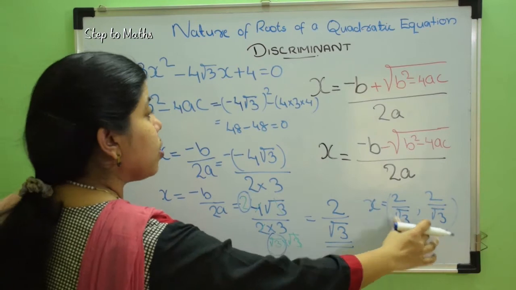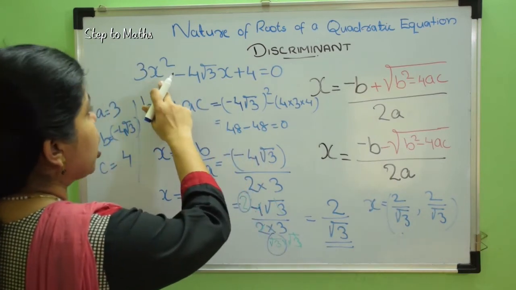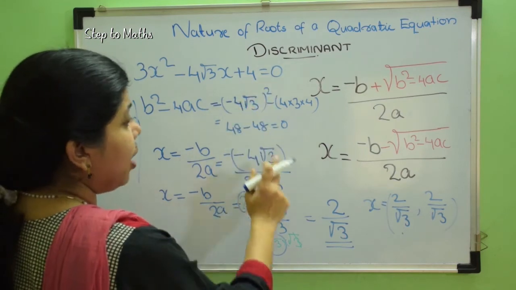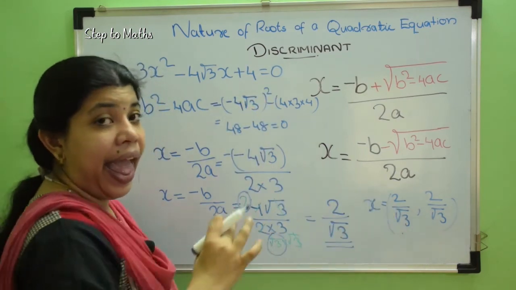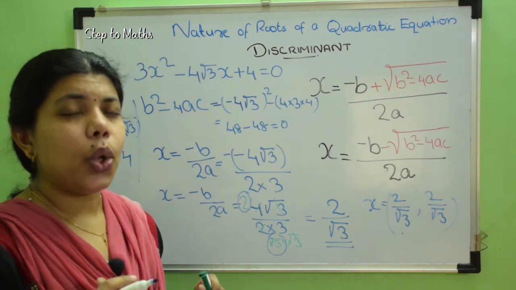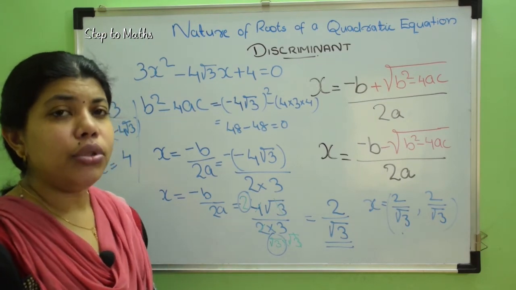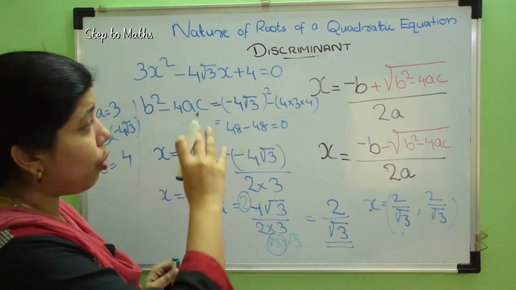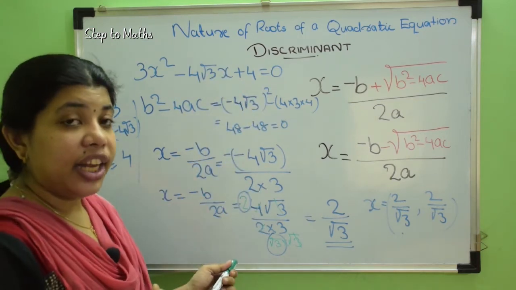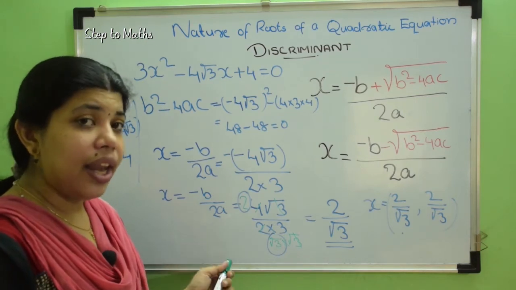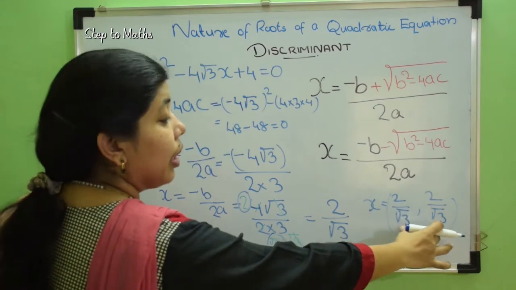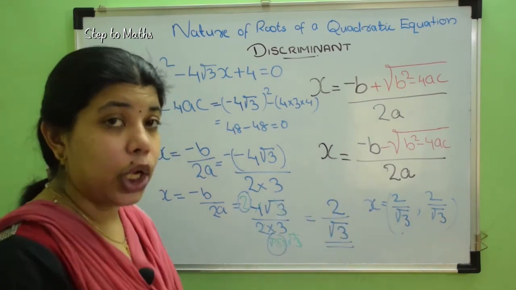The roots of this quadratic equation 3x² - 4√3x + 4 = 0 are real and equal. In this way, we can find out the nature of roots of a quadratic equation, and here the roots are real, so we find out the roots, and here the roots are equal also.